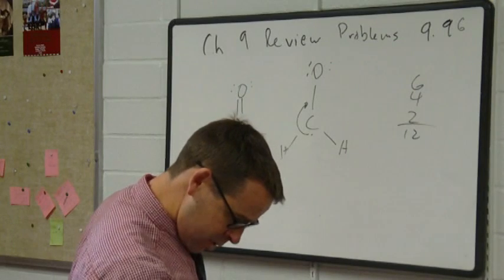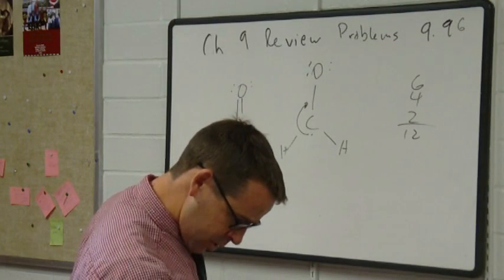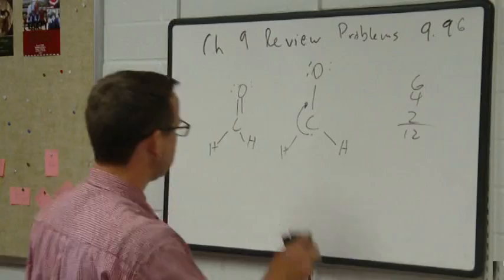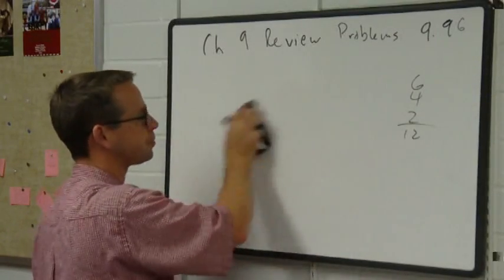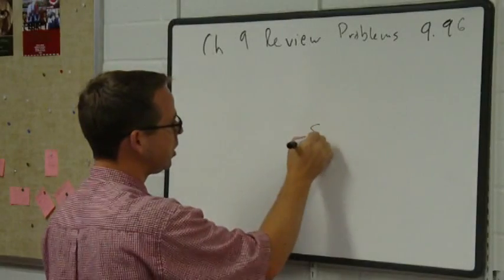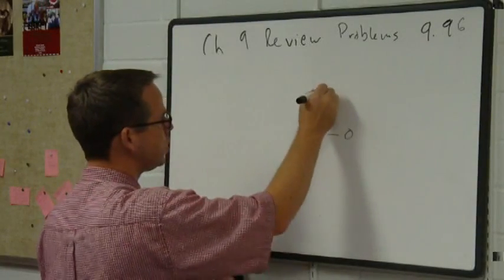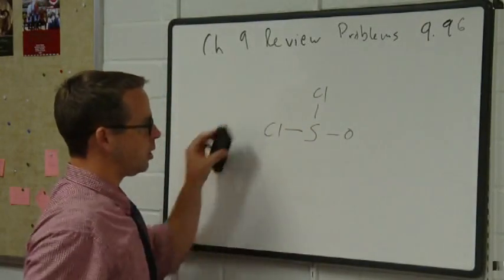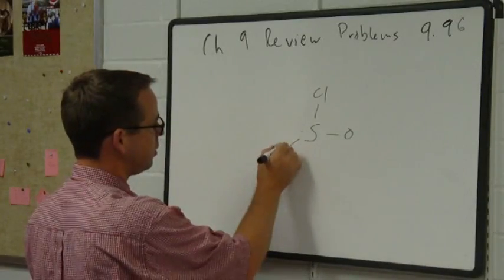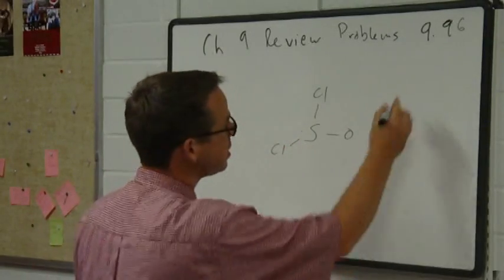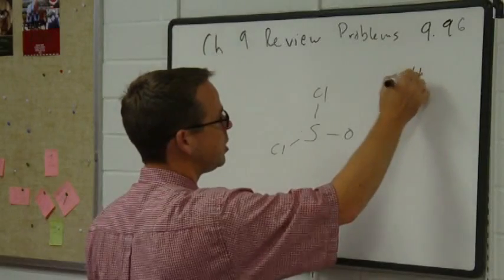All right, SOCl2. The central atom is sulfur, which is attached to an oxygen and 2 chlorines. We want to make these evenly spaced. Chlorine brings 7. There's 2 of them. That's 14.